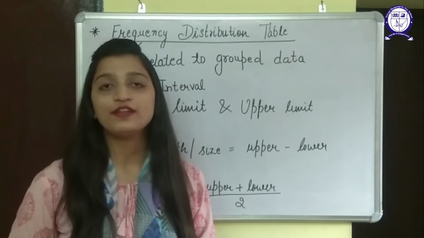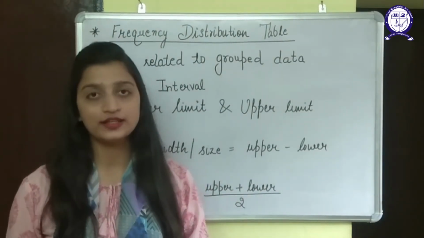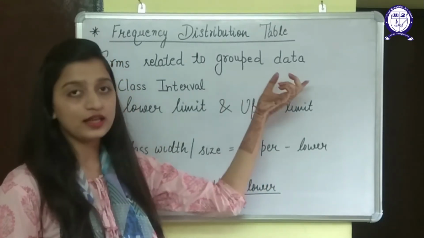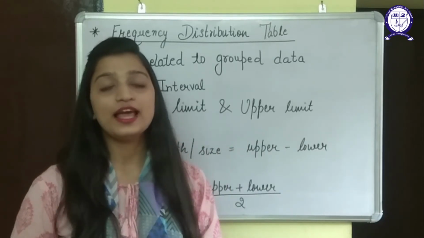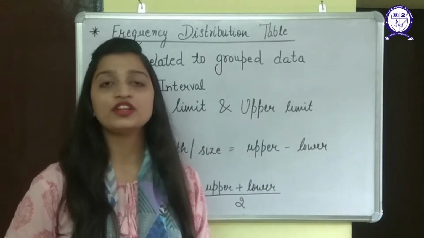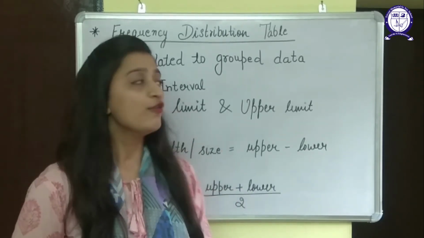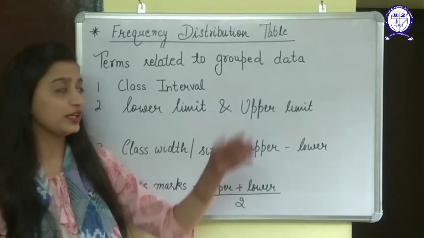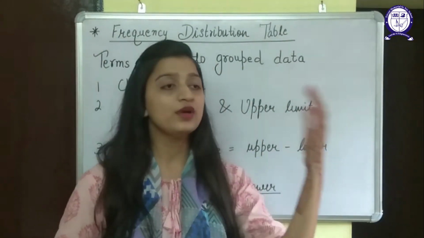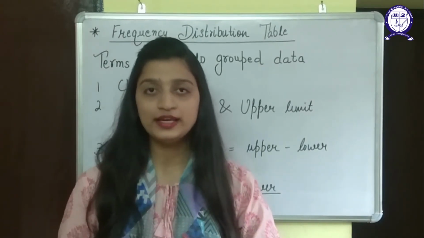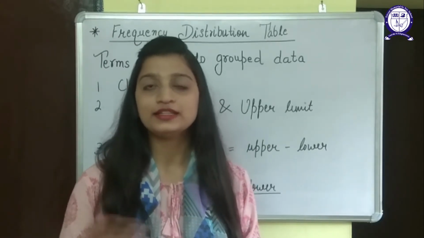I have told you that frequency distribution tables are made for ungrouped data and grouped data. Now coming to the grouped data. In grouped data, we have some groups of numbers. For example, in ungrouped data, we were taking just simple numbers, 10, 20, 30, 40. But for grouped data, we have small groups of numbers, like from 0 to 10, 10 to 20, 20 to 30, or you can say 0 to 5, 5 to 10, 10 to 15.